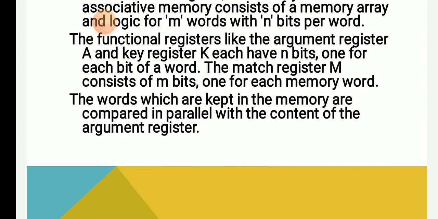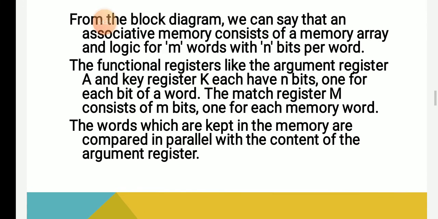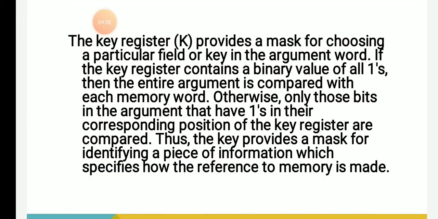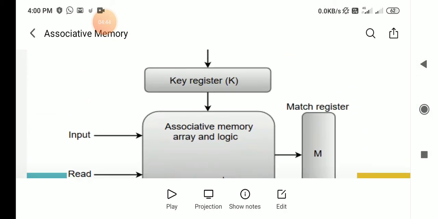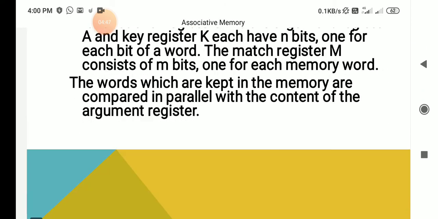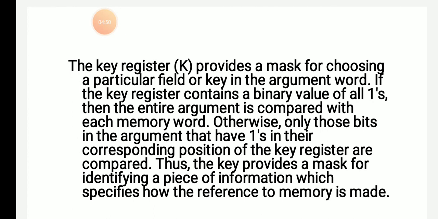The words which are kept in the memory are compared in parallel with the content of the argument register. Next, the key register K provides a mask for choosing a particular field or key in the argument word. If the key register contains a binary value of all ones, then the entire argument is compared with each memory word.